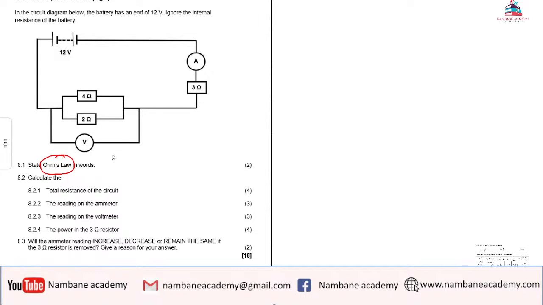Why around Ohm's law? Because it will support SUA, state, use and apply. So I am expecting also to have the same structure as this one here.